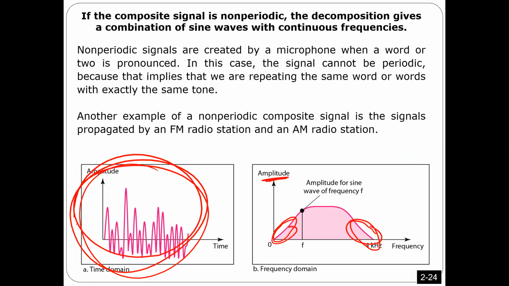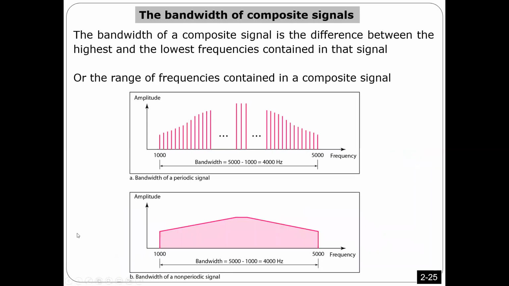Should be close enough. Anyway, now I want to make a definition based on what I explained: bandwidth. The bandwidth is somewhat tricky because there is a bandwidth for a signal and there is a bandwidth for a cable or medium. That is a different story, but let's focus on the signal first.